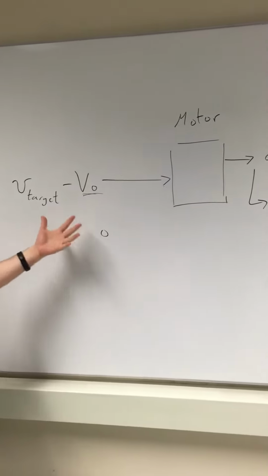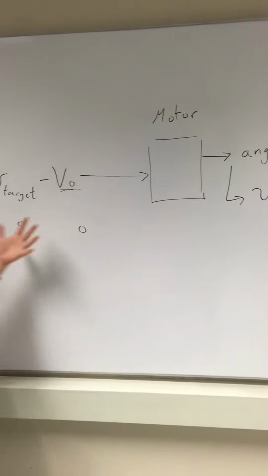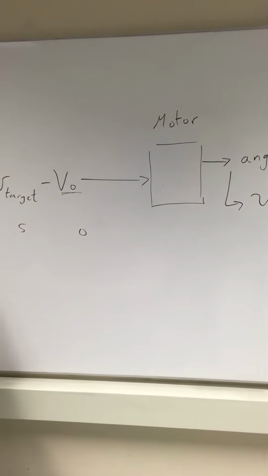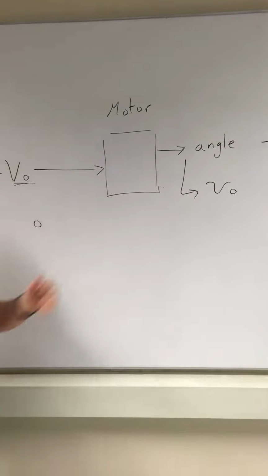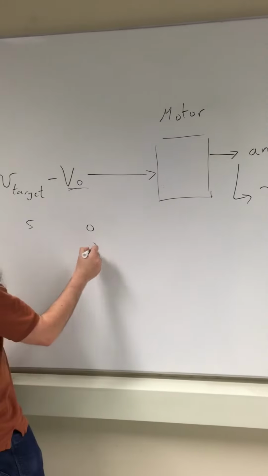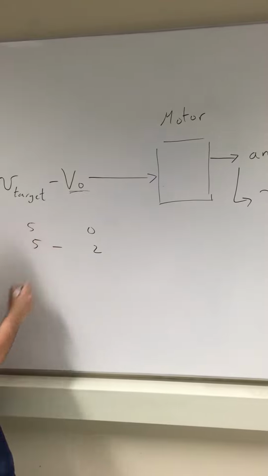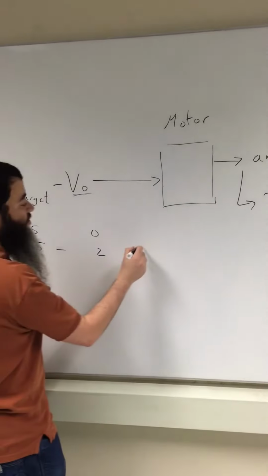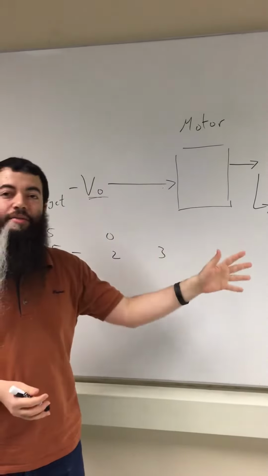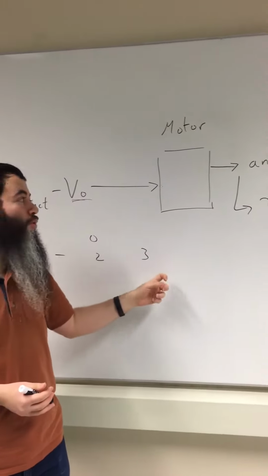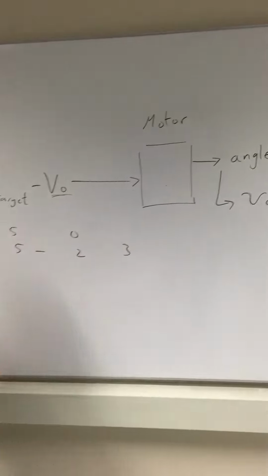The motor will move with a speed that is proportional to 5 volts. Now the volt here, instead of 0, becomes 1 or 2. When it becomes 2, it's 5 minus 2, which is 3 volts. So the motor is being pushed again, but with a smaller volt, toward the angle we want.